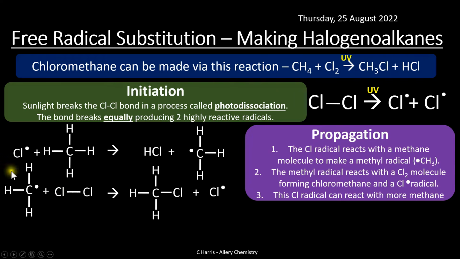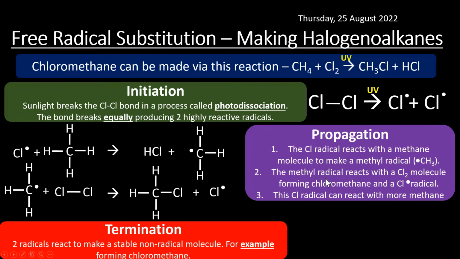So this reaction will keep on going as long as you've got a radical and a non-radical; that's the propagation stage. There will come a point when this reaction will stop, and we call this termination. Termination is where 2 radicals collide together and make a stable non-radical molecule. So, for example, a classic example is here.